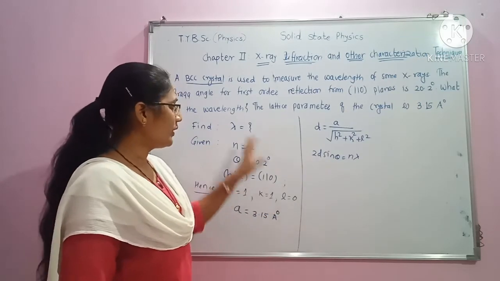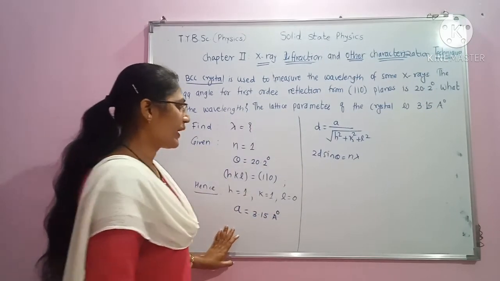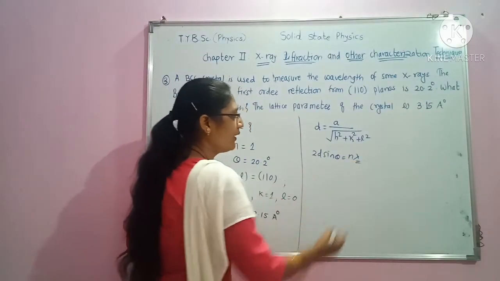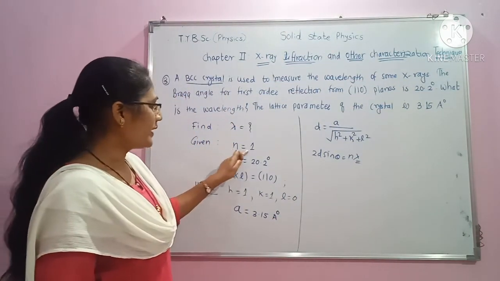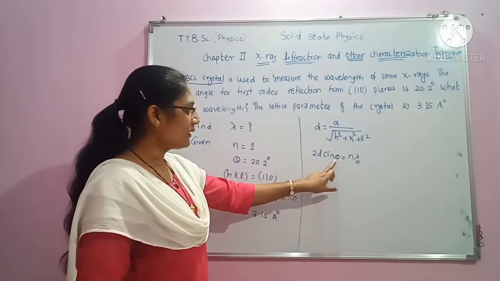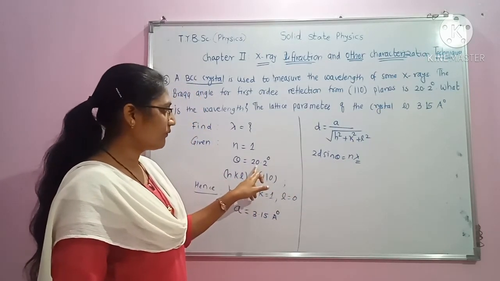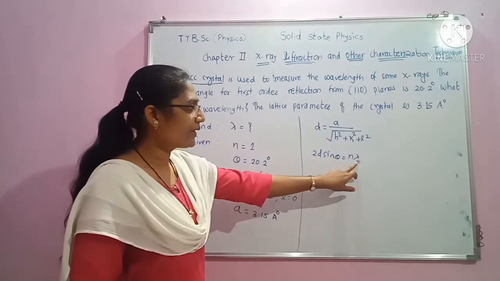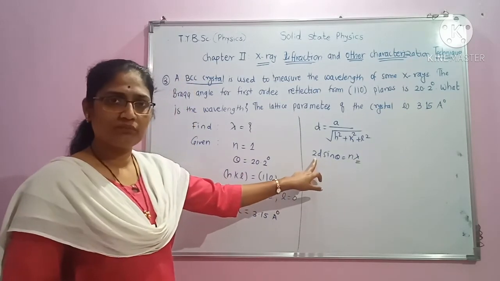But if we use this information to find lambda, we see that n is given as 1, so n is available. Theta is also given, but we have to find lambda, and d is not given.